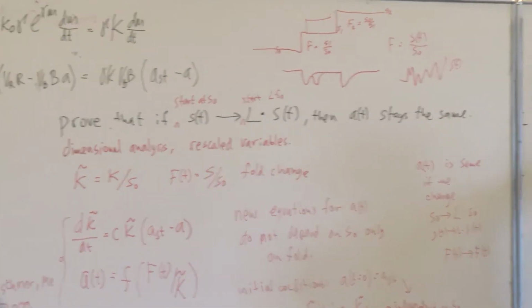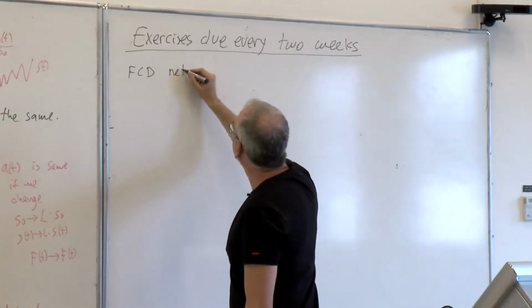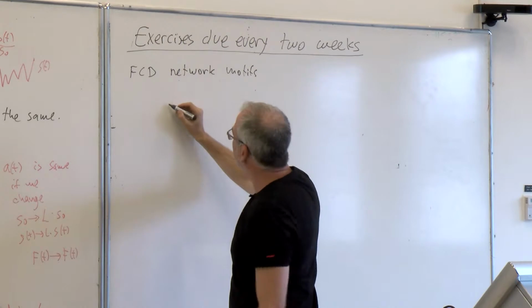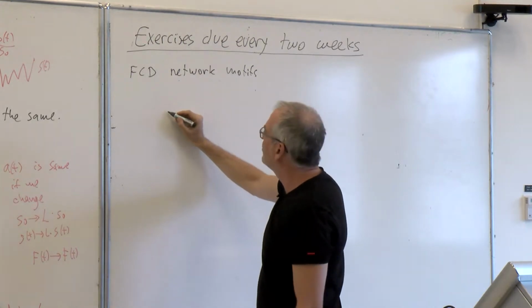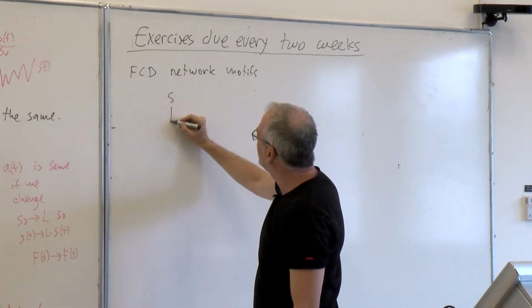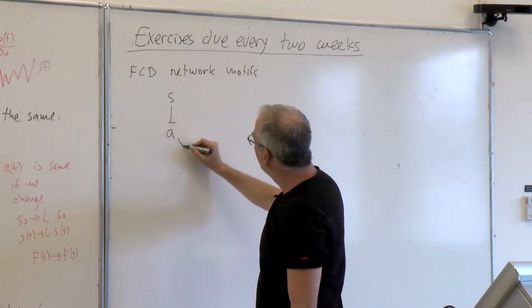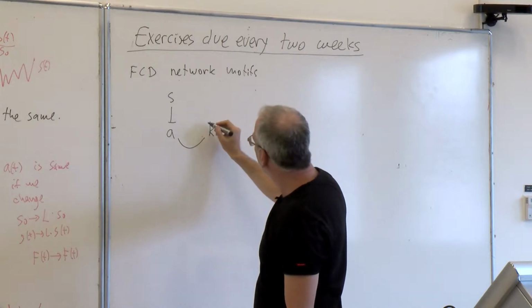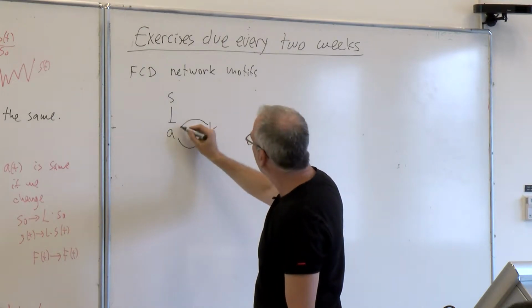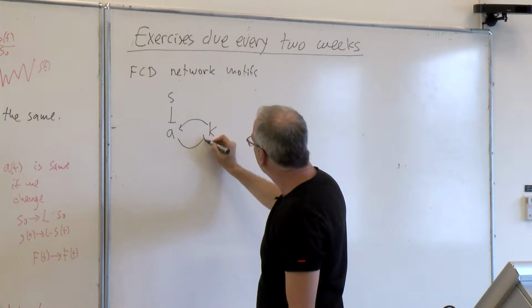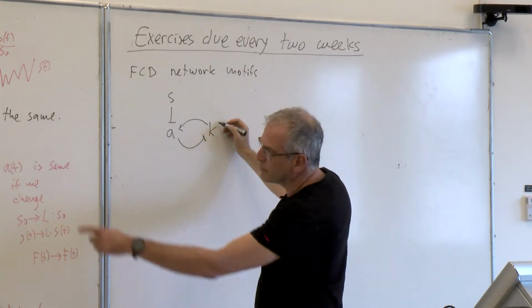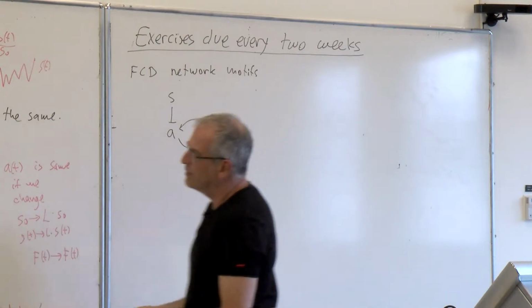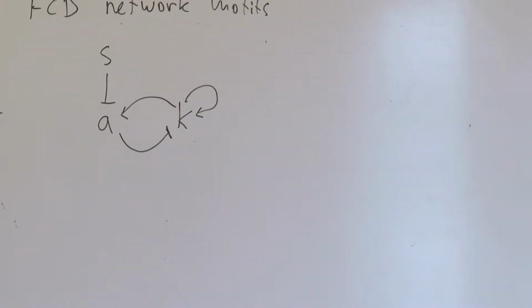So for fold change detection network motifs, we have this circuit, which I'm going to write down like this. We have a circuit where you have the signal, it affects the activity, it inhibits K like this. And because of this K appearing in front of the equation, I'm going to put down an autoregulation, because K is increasing its own production, you can say.